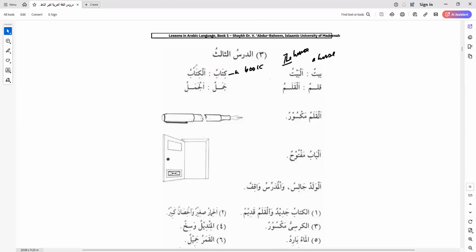Al kitabu, the book. Qalamun, a pen. Al qalamu, the pen. So you can see the difference. This is indefinite, this is definite. I'm talking about a particular pen.